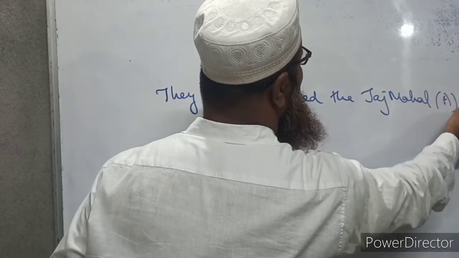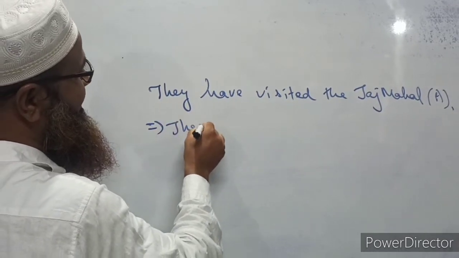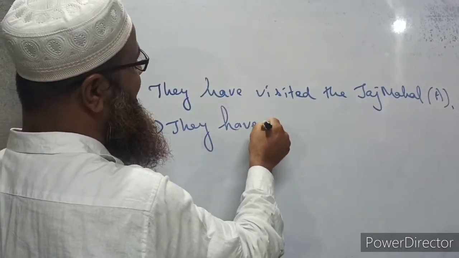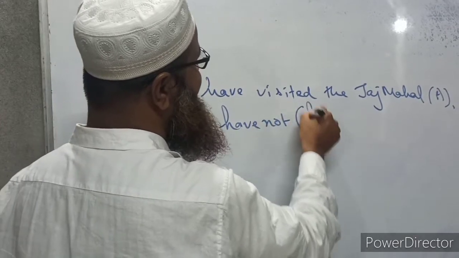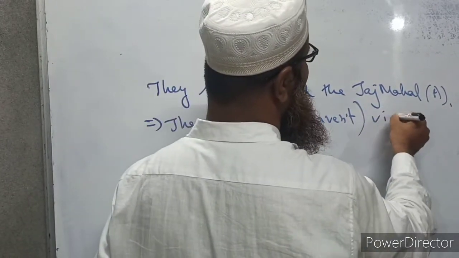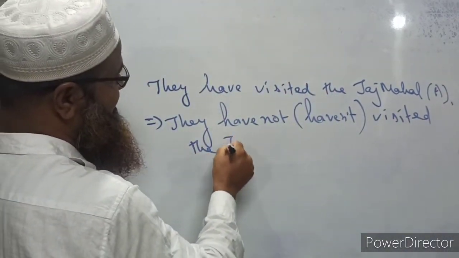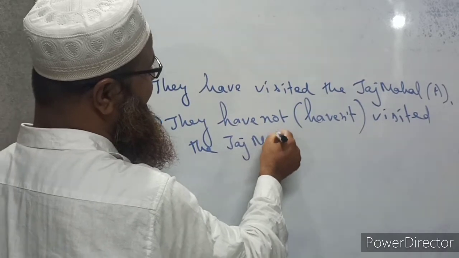It is an affirmative sentence. So we will turn it into negative. They have not or they haven't. You can write they haven't visited the Taj Mahal. This will be a negative sentence.